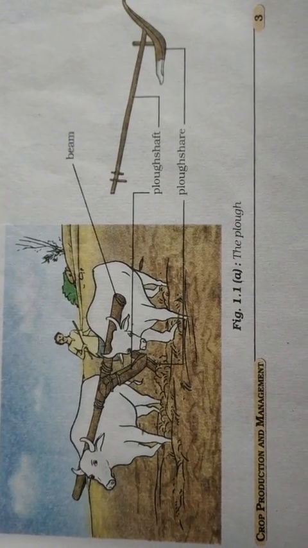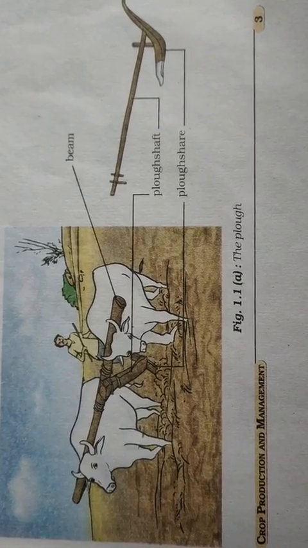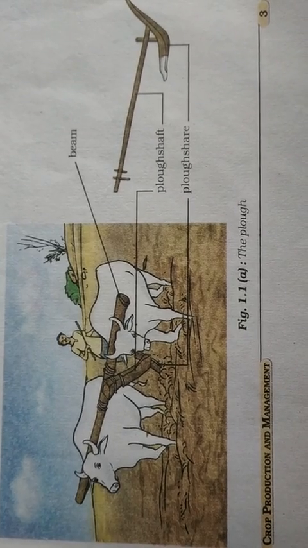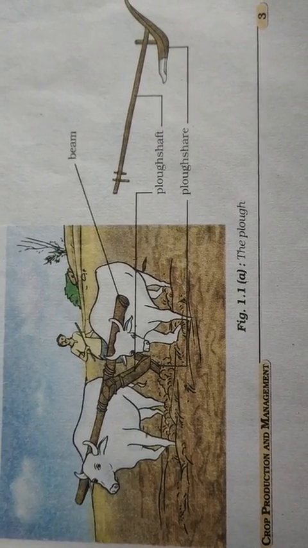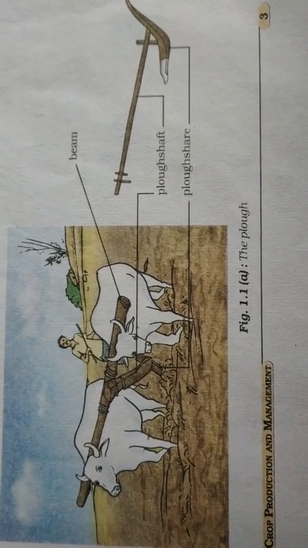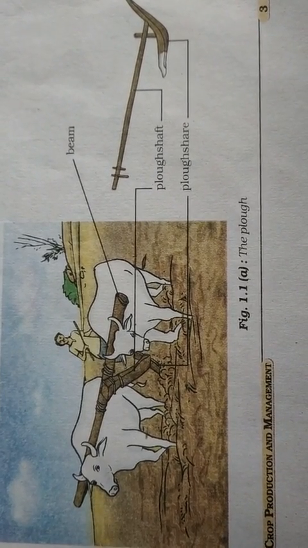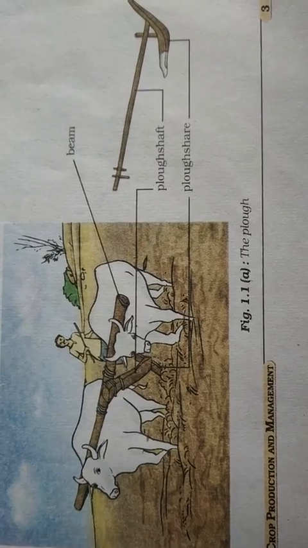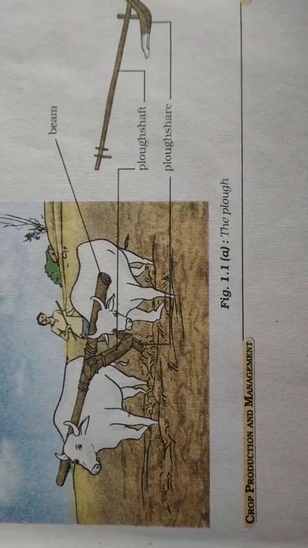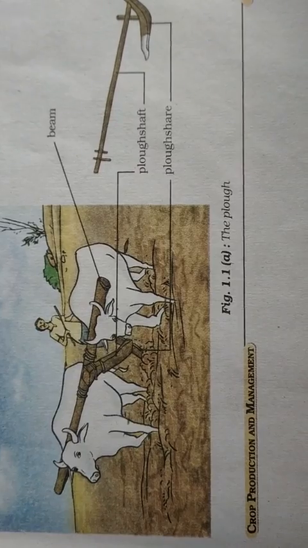So for various purposes, this tool is used. This implement is made of wood as well as iron, and it is drawn by a pair of bulls or other animals like the horse or the camel, or many times buffaloes are also used in different areas.